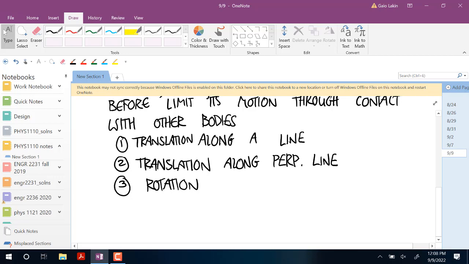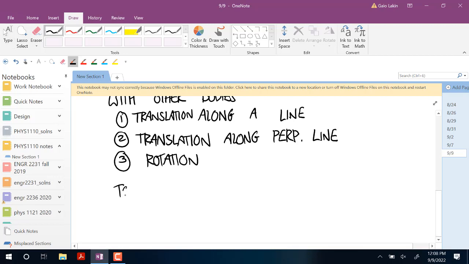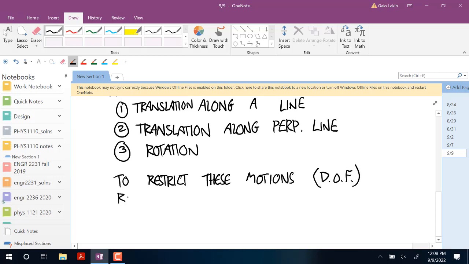To restrict these motions, these degrees of freedom, would require the following. To restrict the translation along a line, you'd have to apply a force along that line.